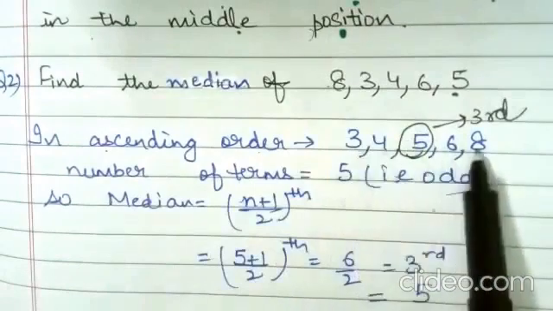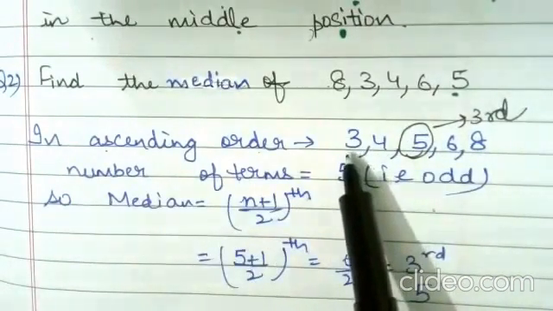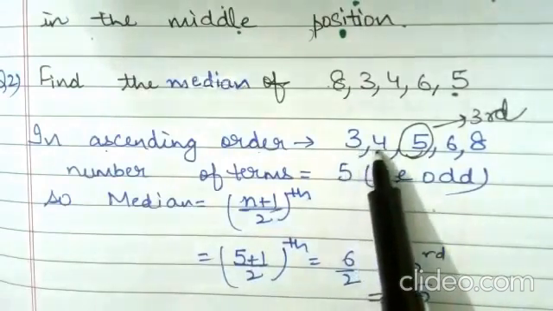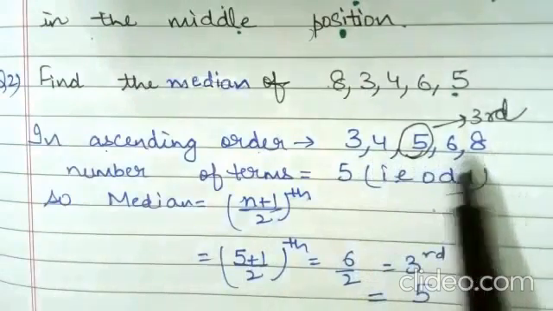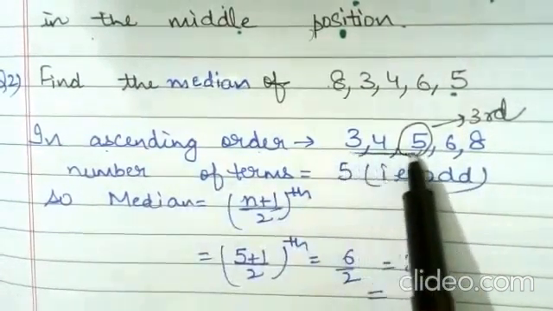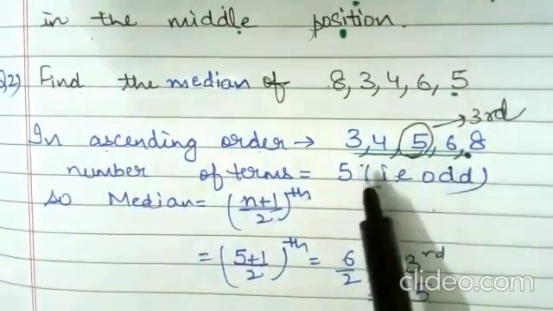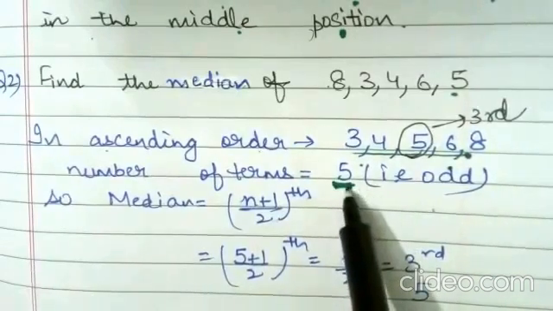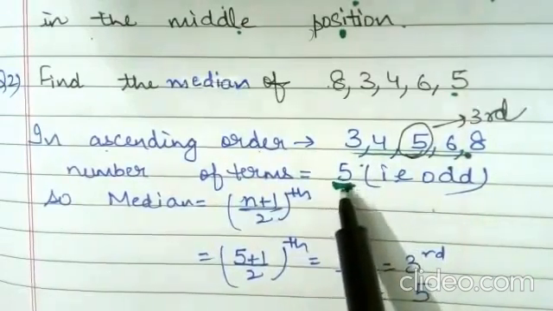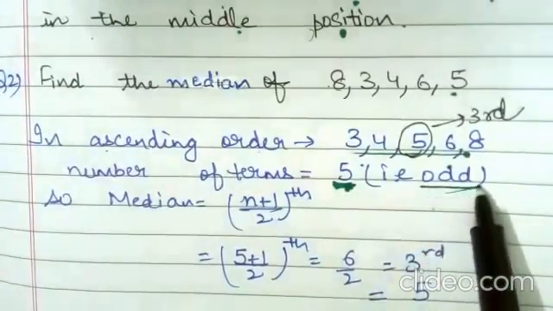So on arranging in ascending order, we get 3, 4, 5, 6 and 8. Now let us count the number of terms, and on counting these are 5. Now 5 is not divisible by 2, which means it is an odd number.